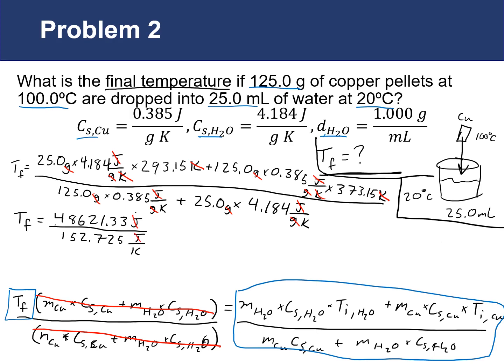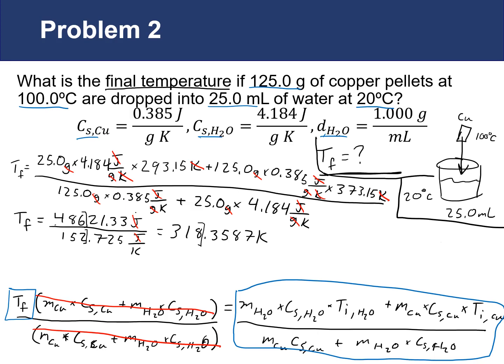Plug this all in, and you get 318.3587 Kelvin. In terms of significant figures, our top value is going to have 3 sig figs, our bottom value will also have 3 significant figures, and so this will work out to have 3 significant figures.